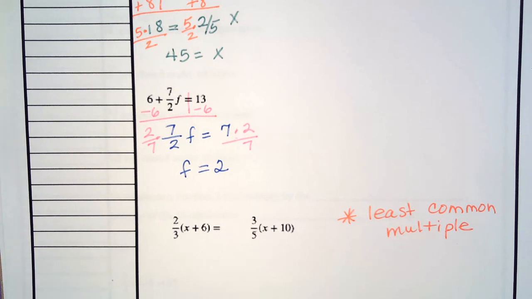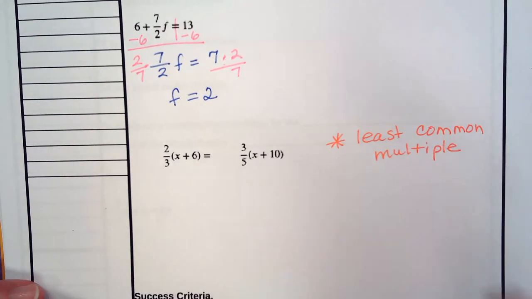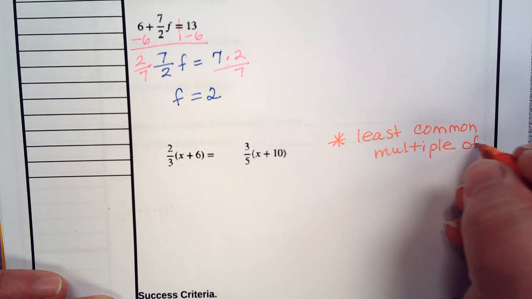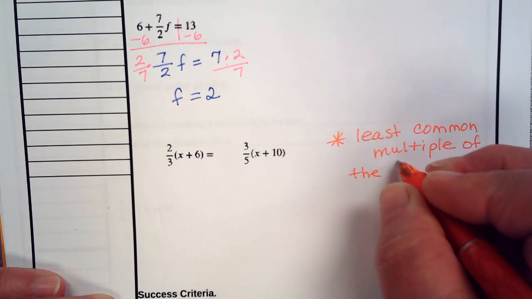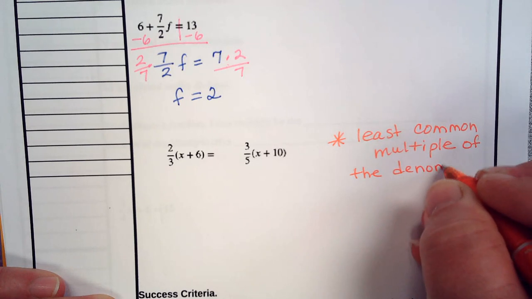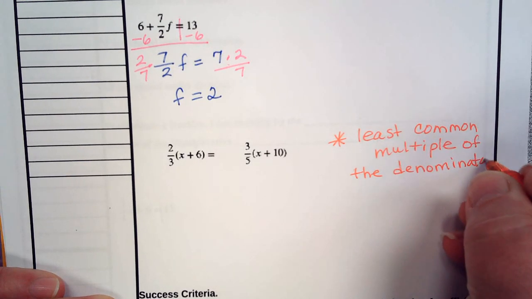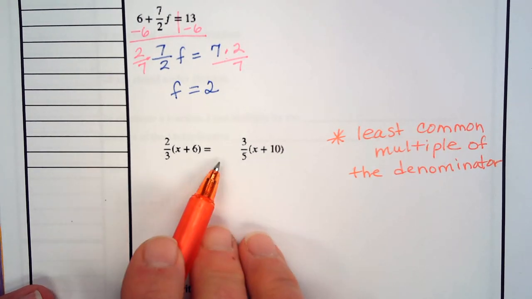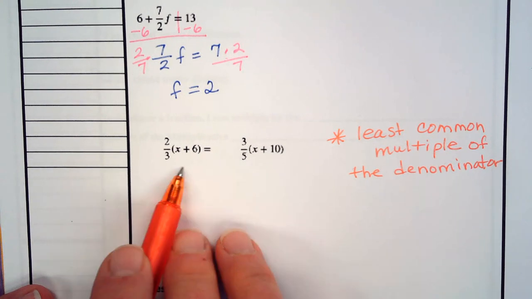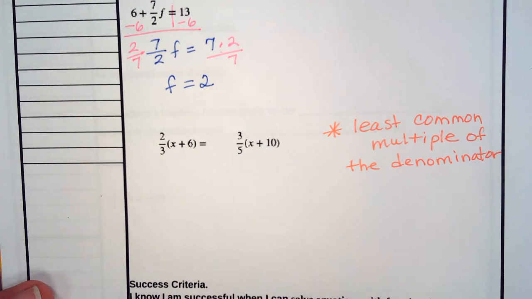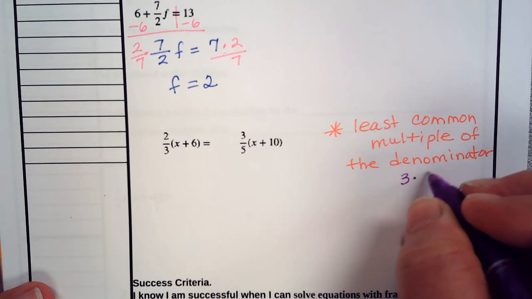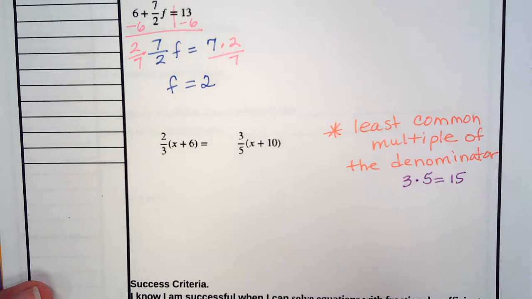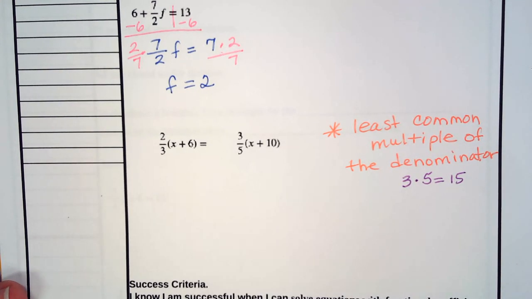I've got 2/3 and I've got 3/5, and we're looking at the denominators. If they're both prime, and these two are, then your least common multiple will be 3 times 5, which is 15. So if I multiply both sides by 15, then I eliminate my fractions.